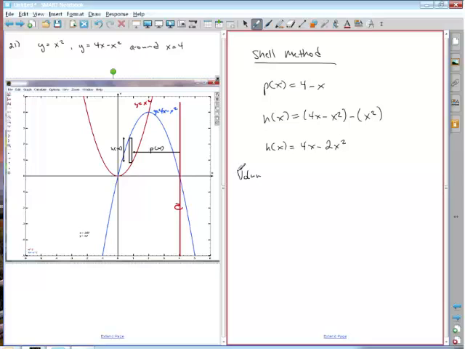So our volume, using the shell method, and we integrate with respect to x, again, because this moves back and forth this way. We integrate from 0 to 2 of p of x, which is 4 minus x, times h of x, which is 4x minus 2x squared, the whole thing times dx.